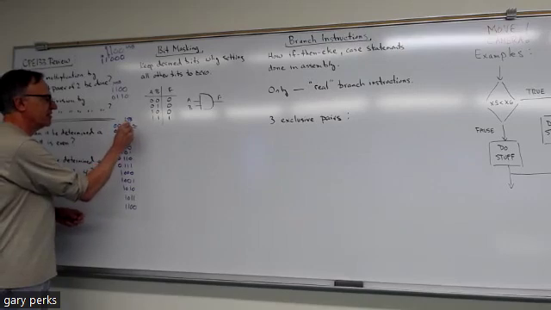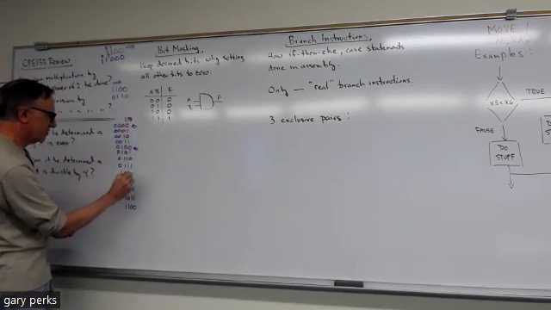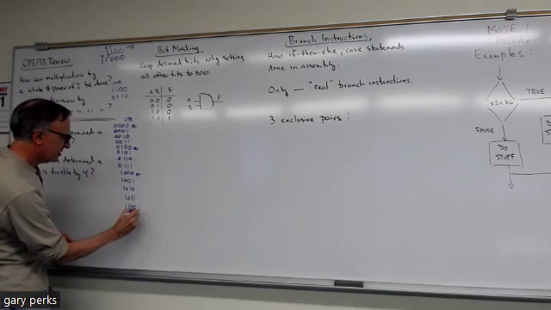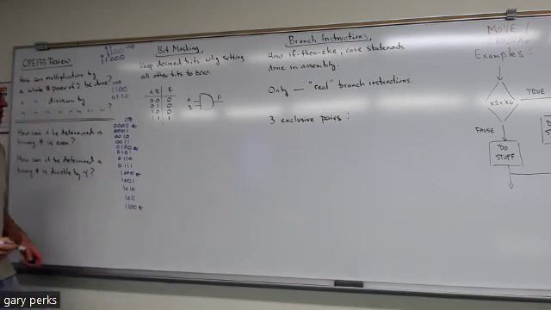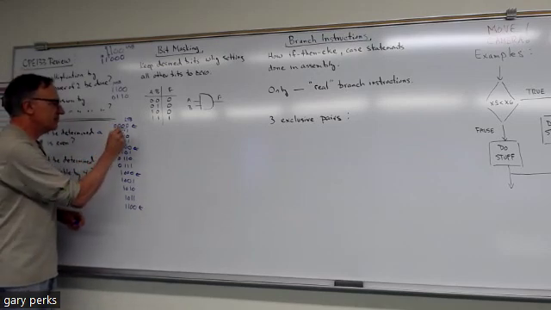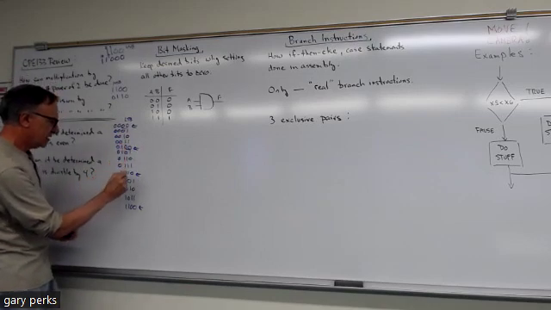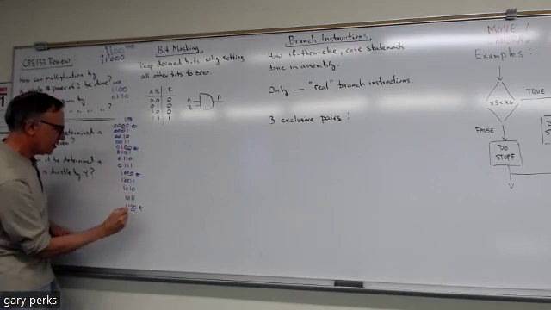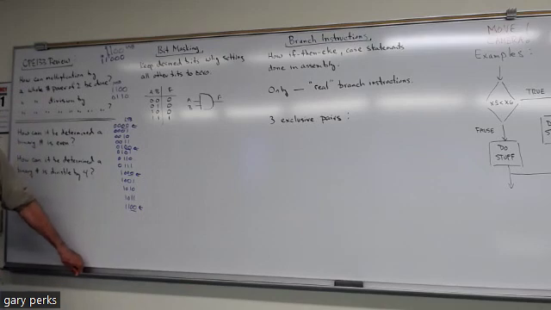If you look at 0, 4, 8, 12, just like Avery pointed out, you'll notice that for those, the 2 least significant bits are 0. And if you kept going, you would see that that's true for any binary number that's divisible by 4. The last 2 bits are going to be 0.